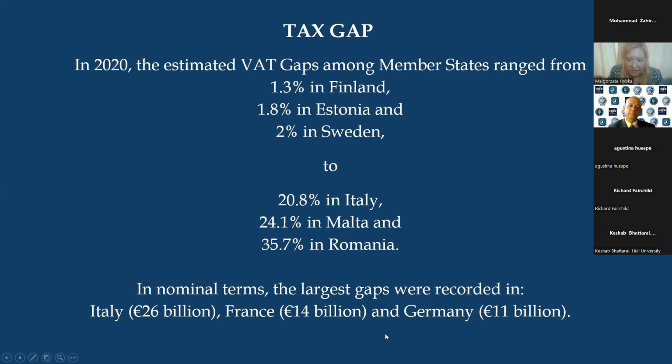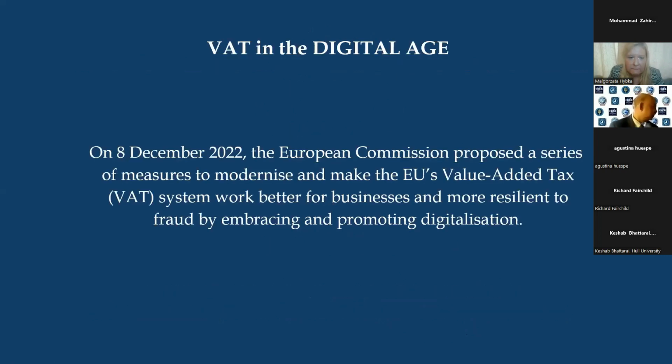In nominal terms, a lot is lost also by Germany, France, and other countries. At some point when the UK was a part of the European Union, the loss was also tremendous for the UK, and the UK was among the first countries to notice that something wrong was going on.